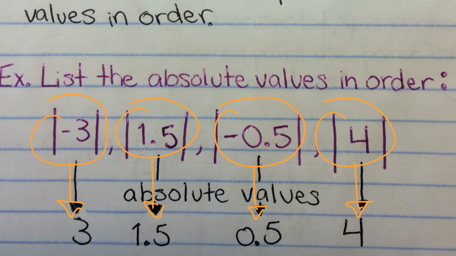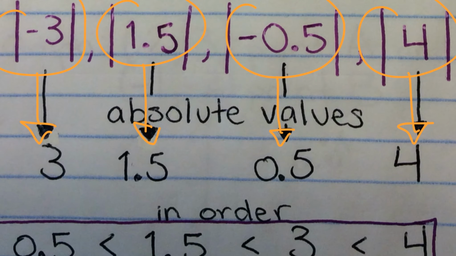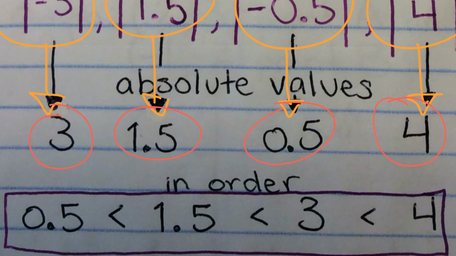So now these are the new figures we are looking at, right? We've got 3, 1.5, 0.5, and 4. If we put these in order from least to greatest, it's a different list than before, right? Because the 0.5 comes first, that's a half.